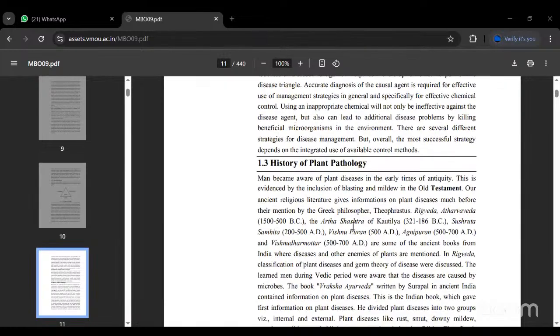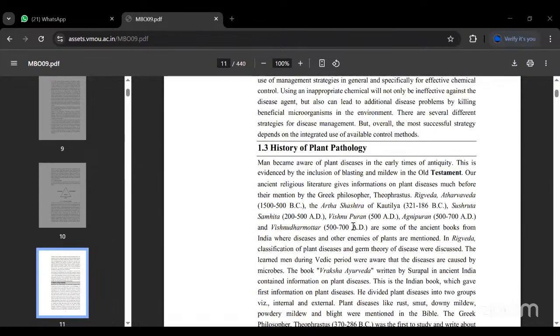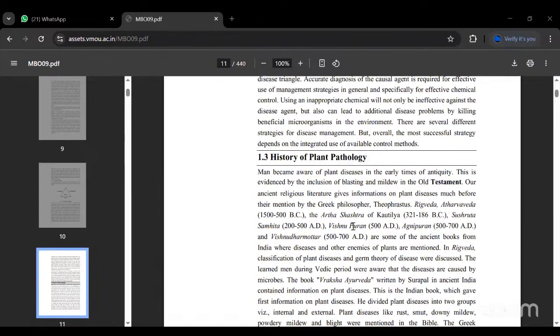Coming to the history, man became aware of plant disease in the early times of antiquity. This is evidenced by the inclusion of blasting and mildew in the Old Testament.